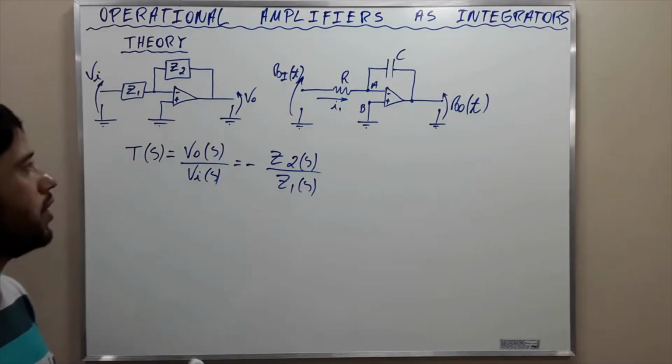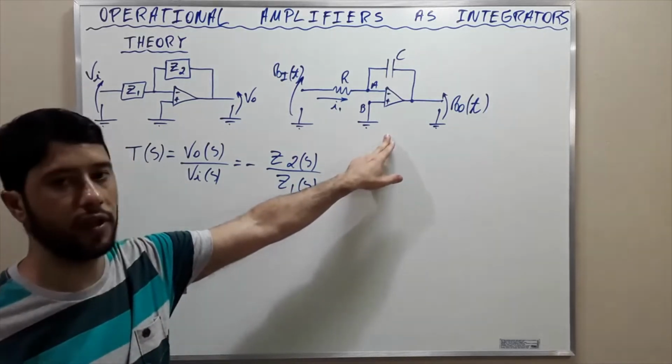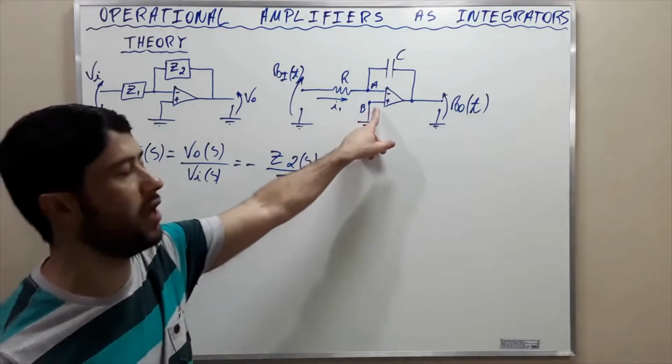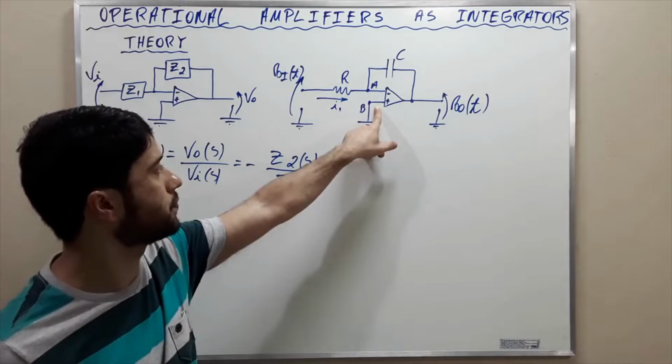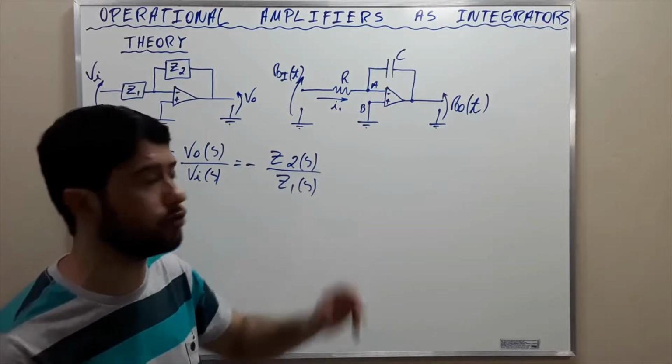Using this configuration, we can implement the integrator. This is the integrator. Notice that between points A and B, there is a short circuit. Okay? A virtual short circuit, not physical, virtual short circuit.